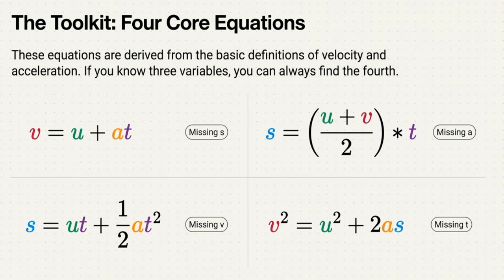The second calculates displacement using the average of initial and final velocity multiplied by time. The third expresses displacement in terms of initial velocity, time, and acceleration squared over time squared. Lastly, the fourth connects the squares of final and initial velocities to acceleration and displacement. Understanding these will make it easier to analyze motion and solve related physics problems efficiently.